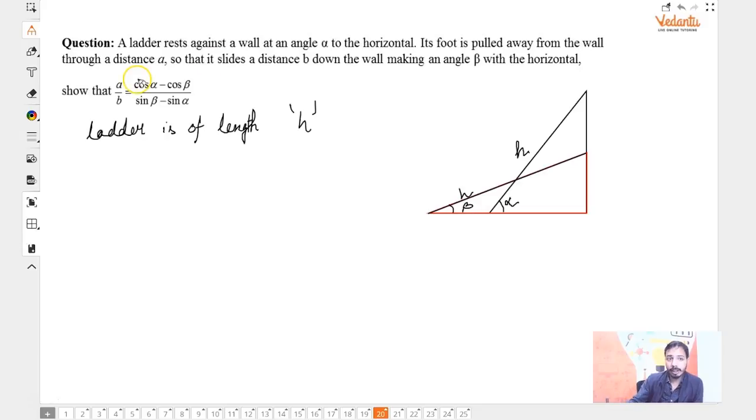Now you see what is given. What is distance a? It is said that the foot is pulled away from the wall through a distance a.